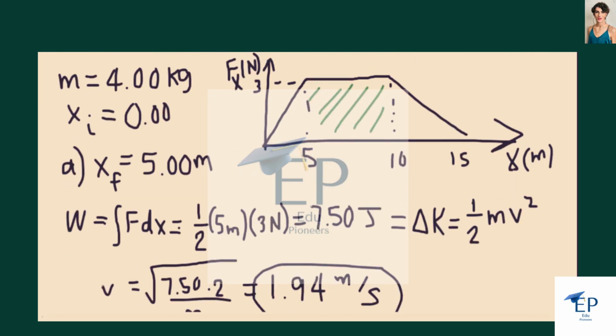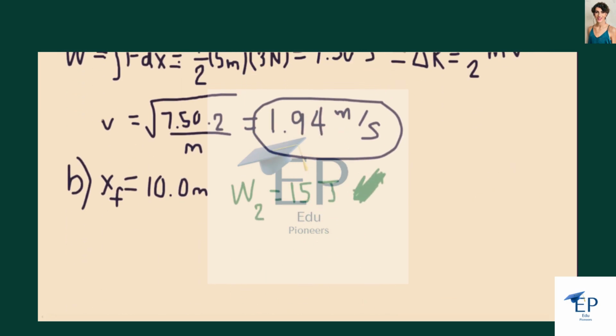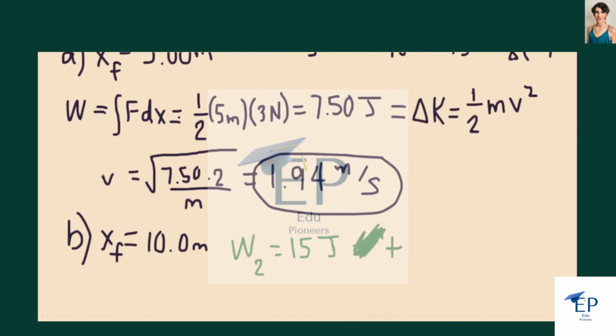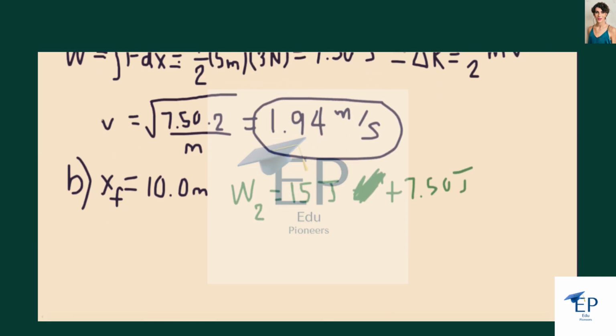So it's the 15 joules plus the 7.5 joules. 15 plus 7.5 is going to give me 22.5 joules from the beginning, which is just going to be 1/2 mv squared.